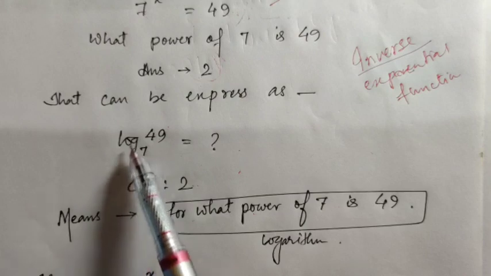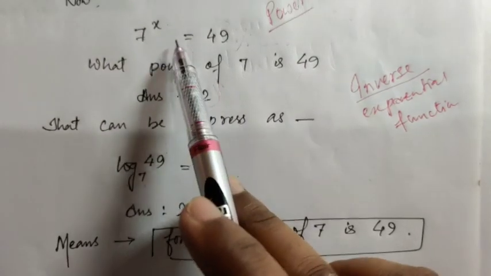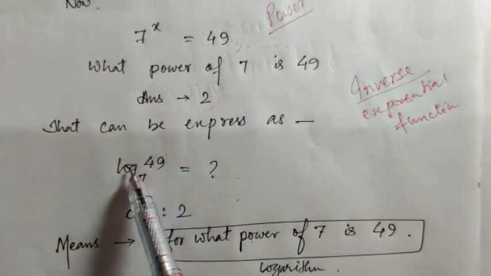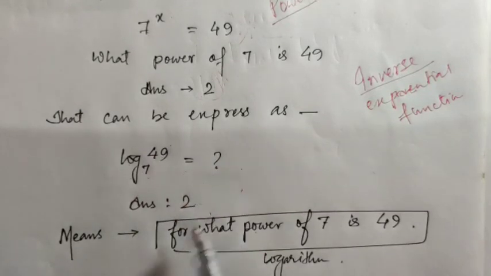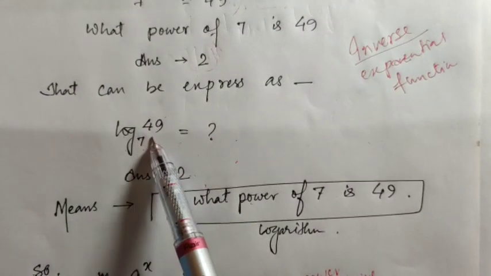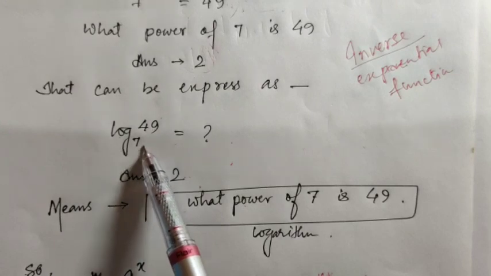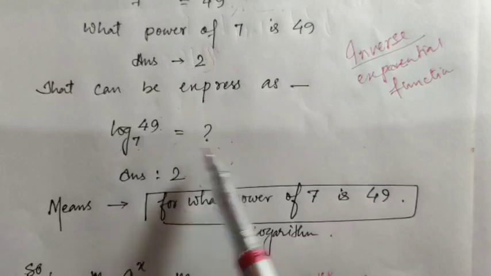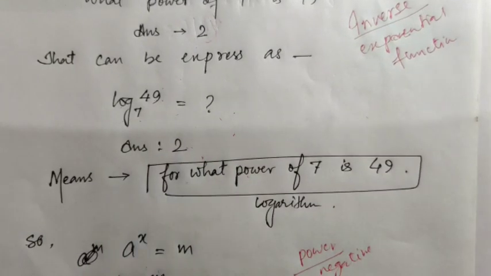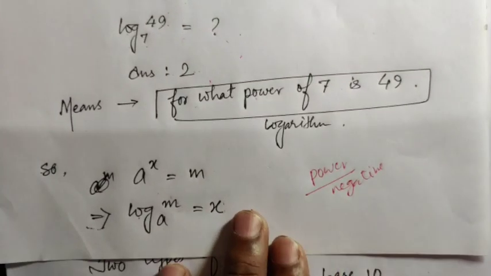So we can express the same saying in this way: log 49 to base 7 is a question mark. That means for what power of 7, if you raise it, it gives 49. Again the answer is 2. Okay, I think you got some concept between the logarithm and exponent.